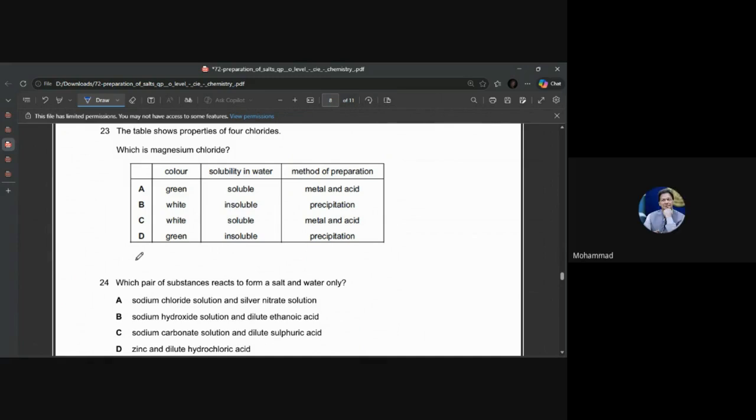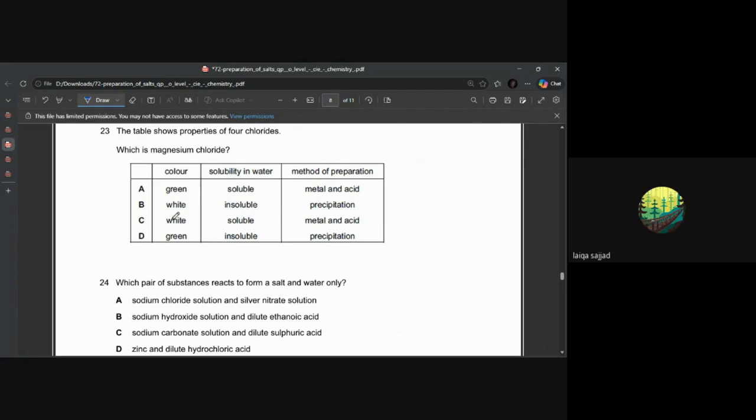It's the maximum amount of solute that dissolves in a given amount of water. No, is magnesium chloride soluble or insoluble? This is what I'm asking. Okay, I want to see which of these is magnesium chloride. Magnesium chloride is soluble in water.